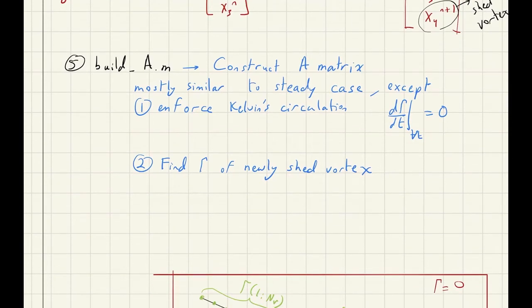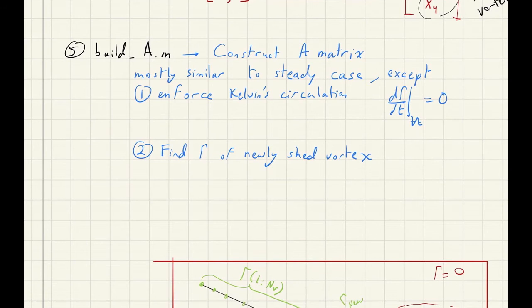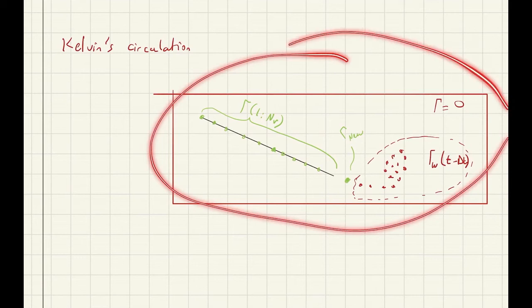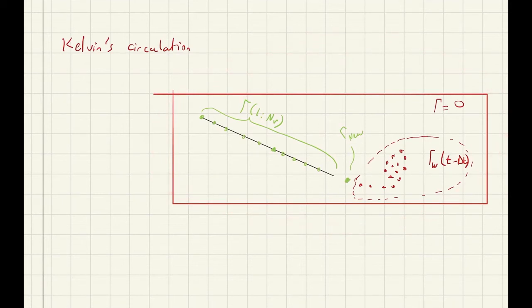Before we start actually describing the A matrix, let's go over Kelvin's circulation theorem really quickly. So this is the system we're looking at.